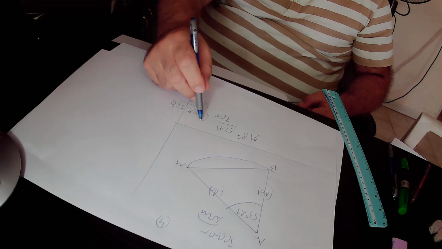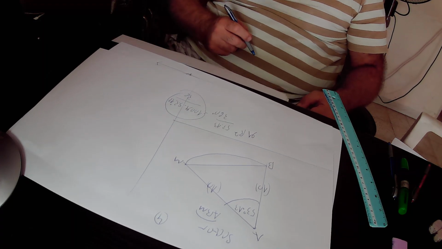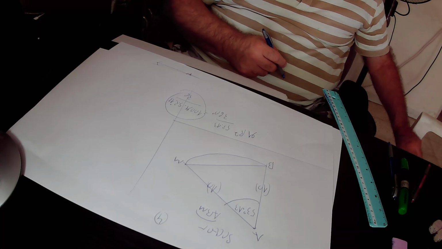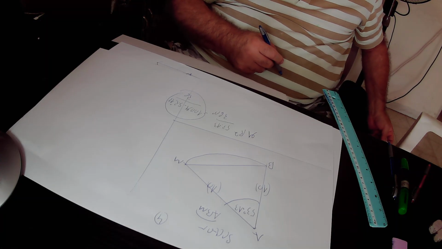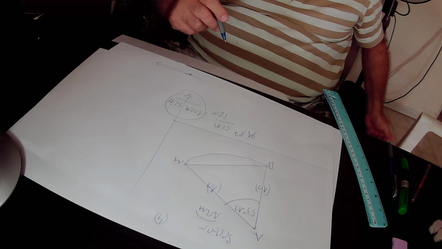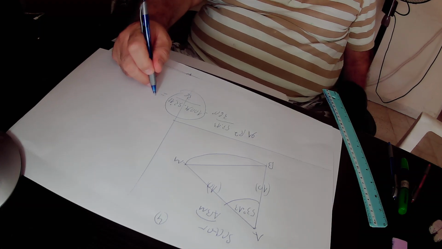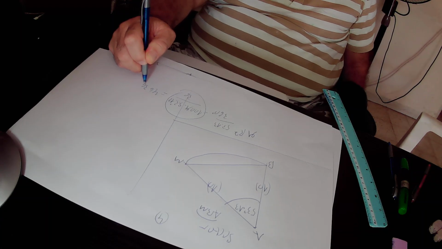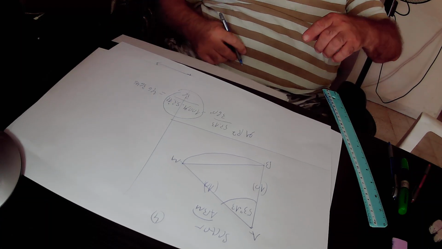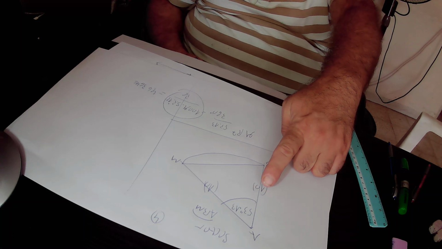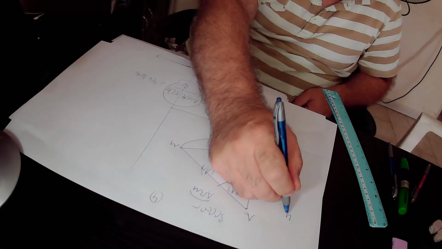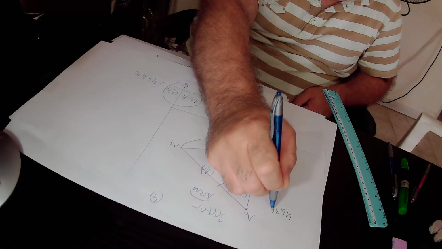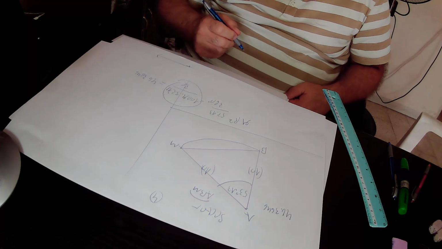In total, the value of this expression is equal to 46.3646 square units. So we found out that the area of this sector ABM equals 46.3646 square units.